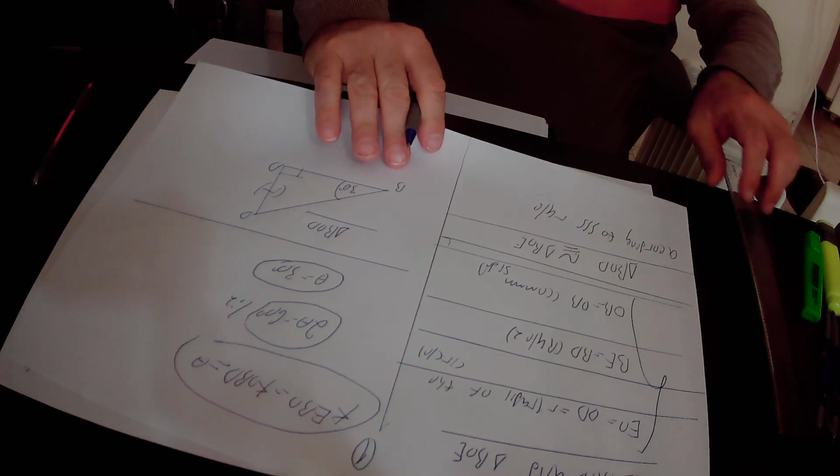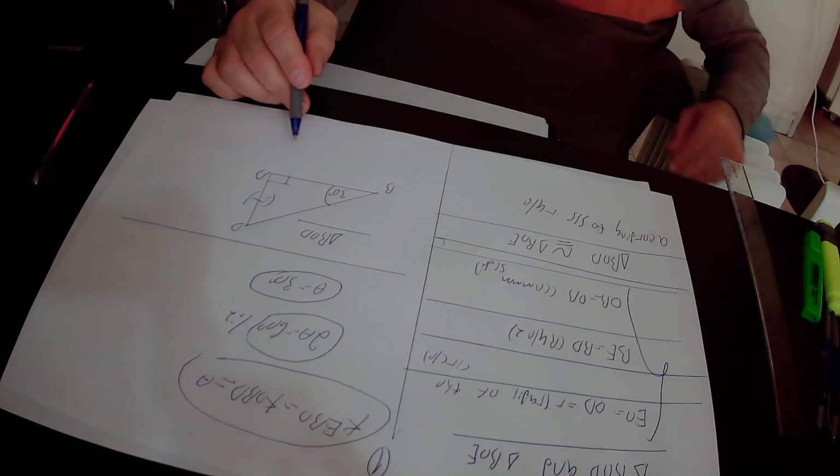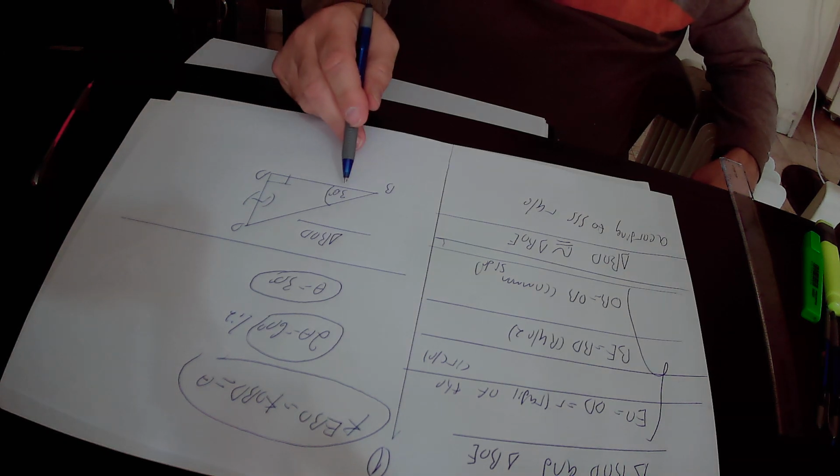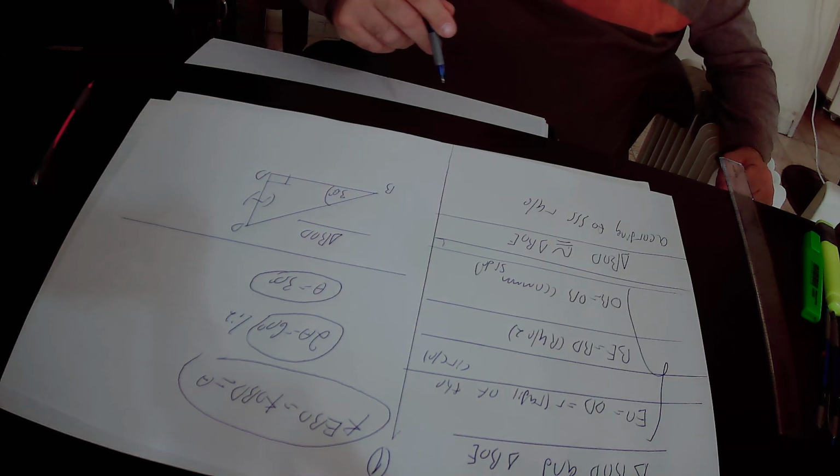So actually, this is the green right triangle BOD that I copied from the original drawing. This is angle theta that is equal to 30 degrees in size, and side OD is the radius of the circle that is equal to R according to our definition.